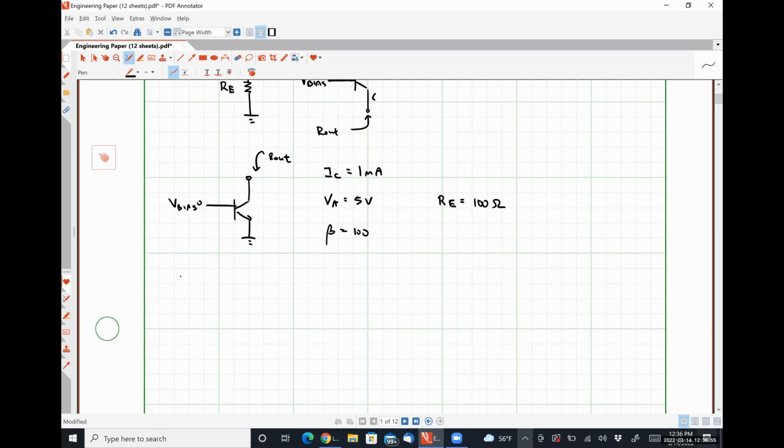So without degeneration, we have a simple resistance of R naught, right? Where for a BJT, R naught is given as VA over IC, which is 5 volts over 1 milliamp, or 5 kilo ohms. And this is exactly equal to R out.